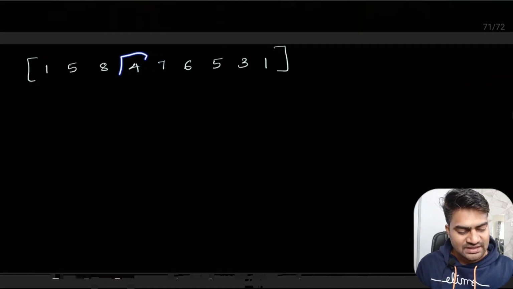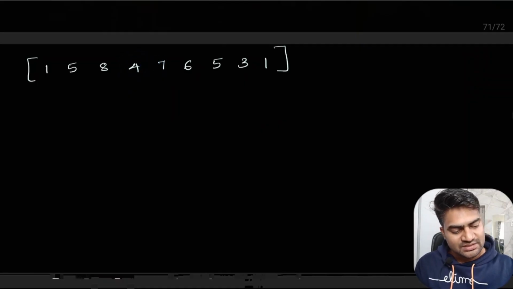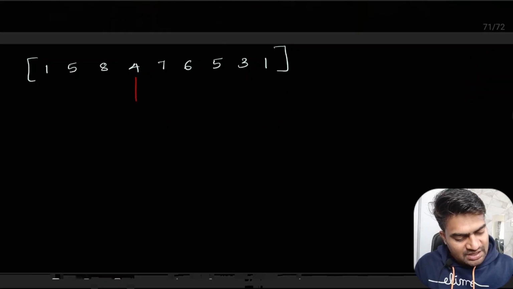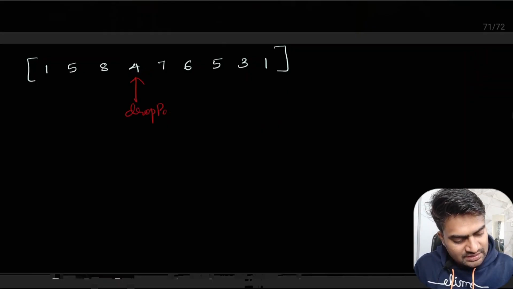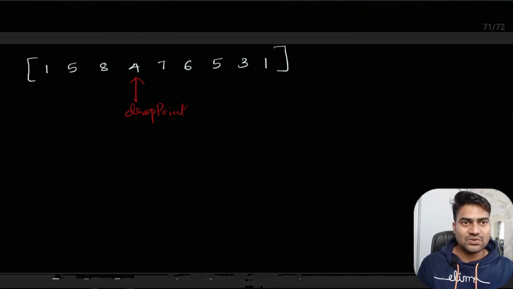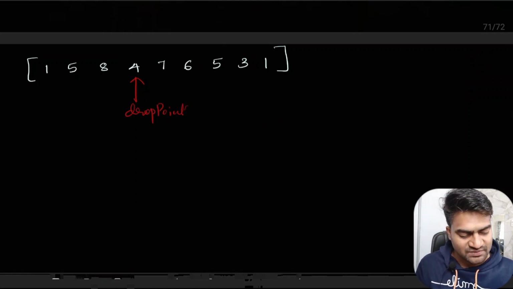So now if that is the case, we will have to somehow keep a reference of this drop point. Okay, this is our drop point. This is the first step. This is my observation.